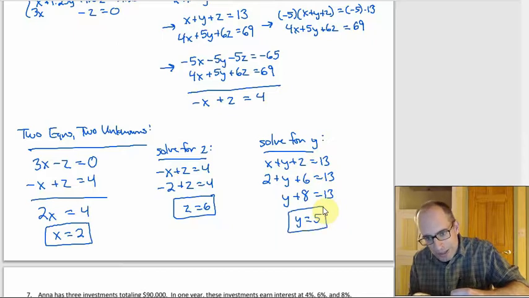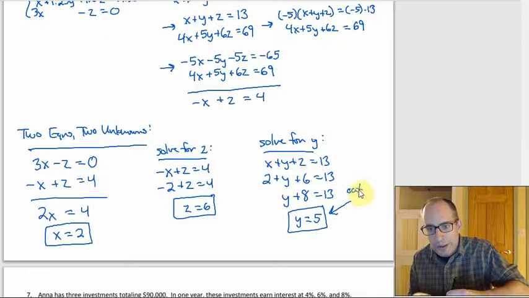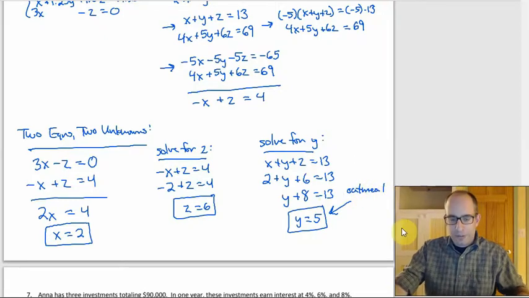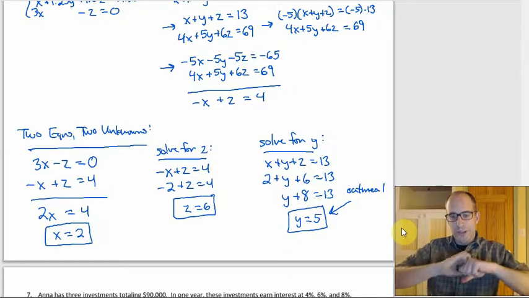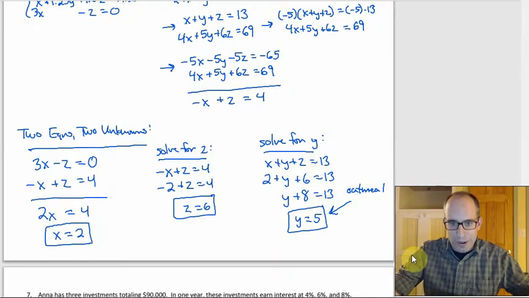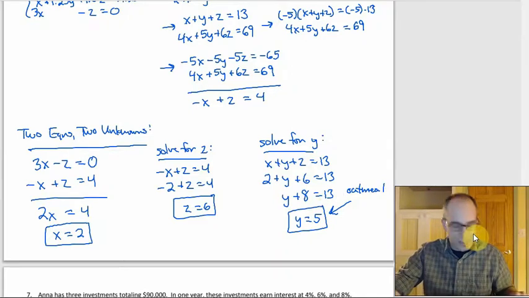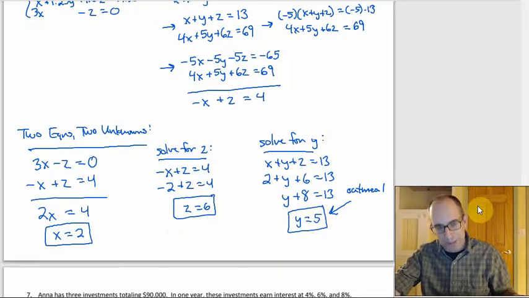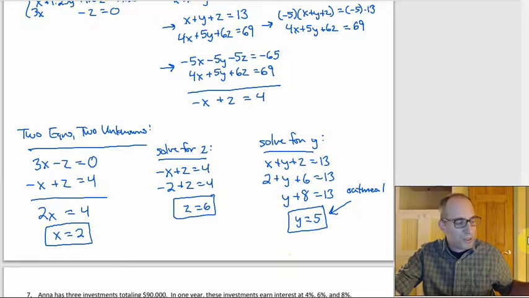And that's the thing that we're supposed to get, right? That one right there, that is the oatmeal. All right, so 2 chocolate chip, 5 oatmeal, 6 cranberry, and I did check this, and it works. I clearly don't have room on this page to do the check, but it does actually work.